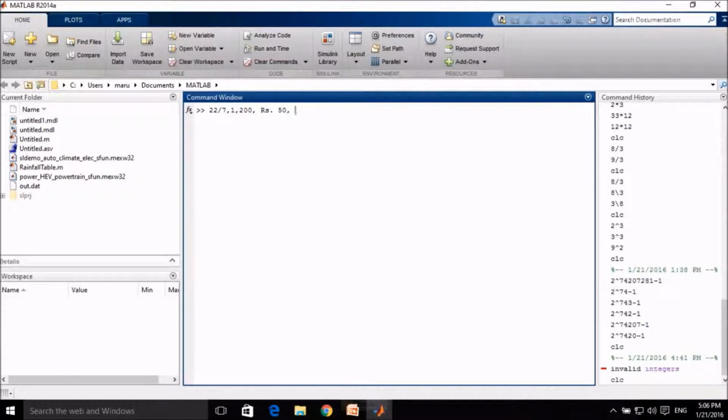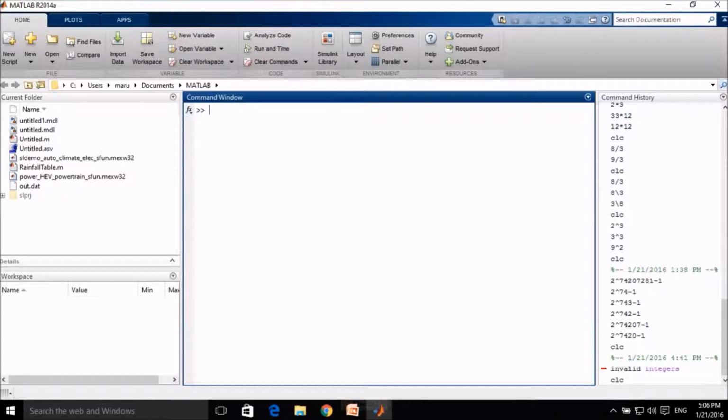Now we will go for real numbers. You know very well, numbers that contain a fractional part are called real numbers, or floating point constants. All the physical parameters such as voltage, pressure, temperature, etc. are represented using real numbers.